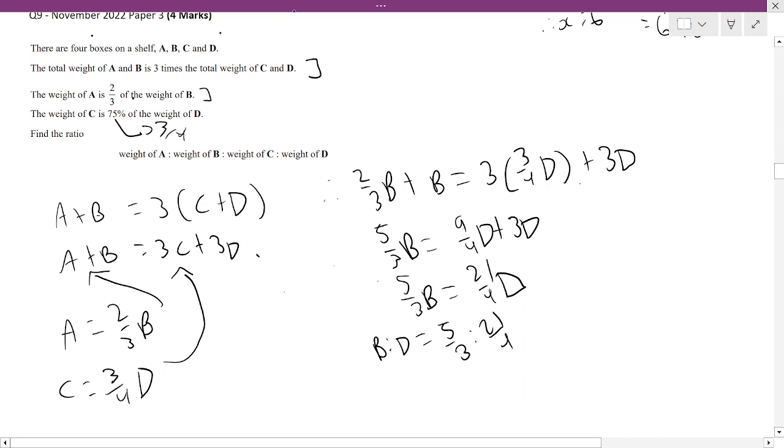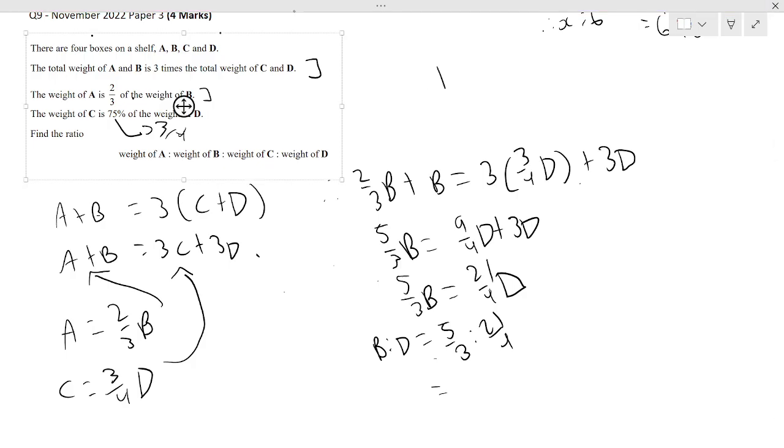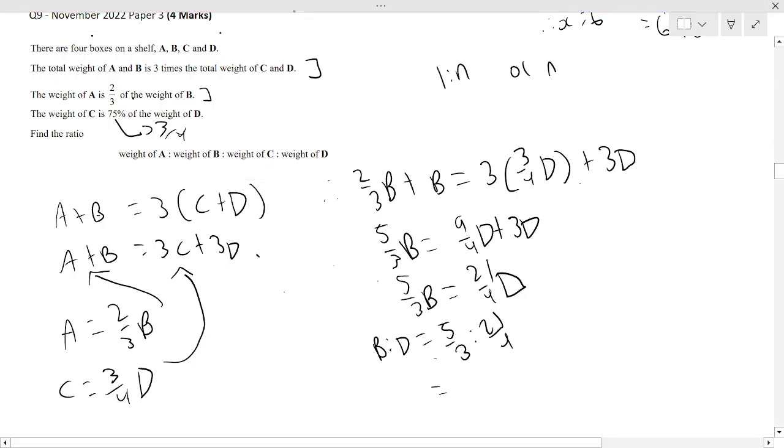Okay, so for every 21/4 lots of D, you get 5/3 lots of B. That's what this ratio is saying, which is exactly what is happening here. But I think we can simplify this. What I love to do with these ratio questions is write the ratio in the form of 1 to n or n to 1. So one of the ratio parts has to be 1. And the best way we can do that is to scale it by dividing by one of the numbers.